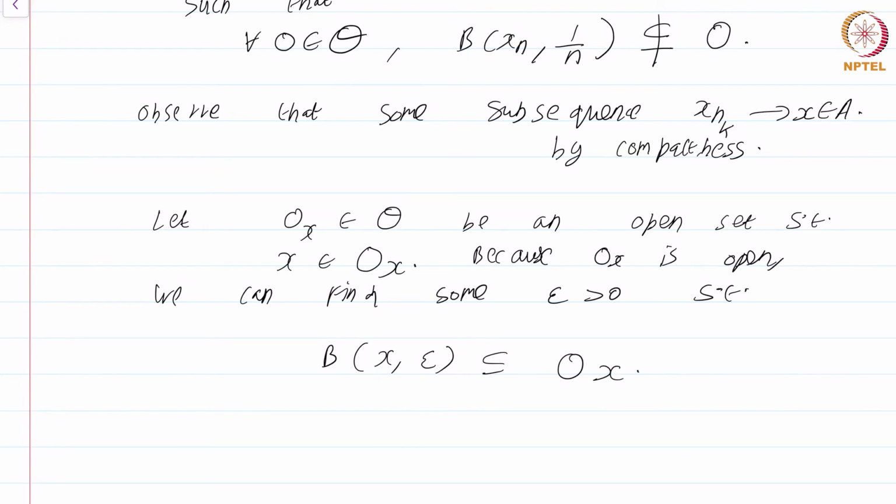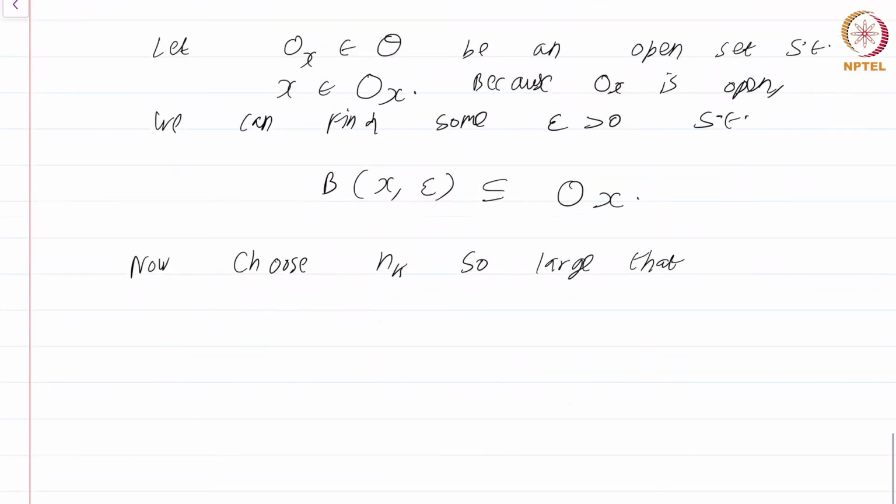Now we are getting somewhere. We have found a ball Bx epsilon which is fully contained in Ox. Okay. Now choose Nk so large that 1 by Nk is less than epsilon by 2.